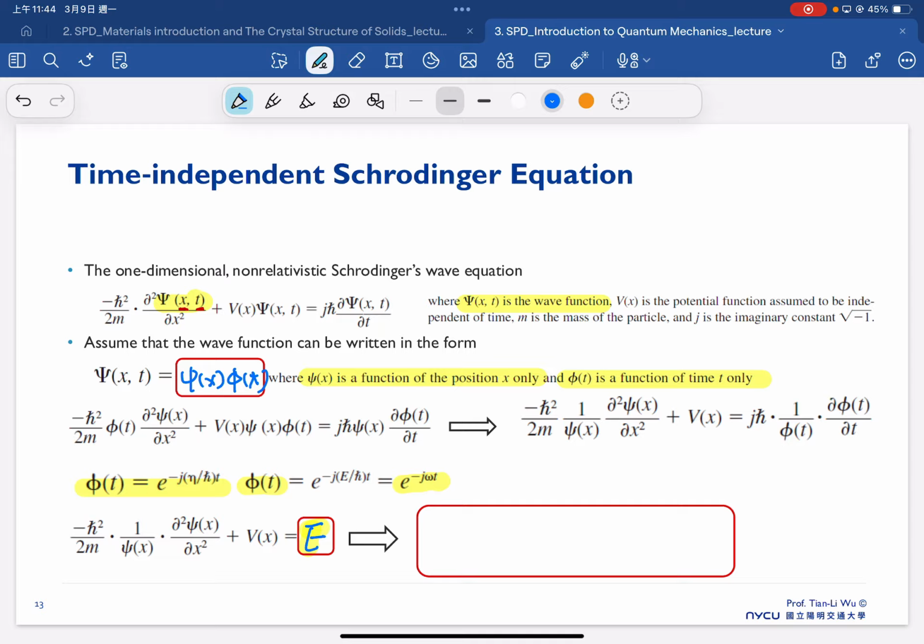Right now it becomes time independent. So now this wave equation has only the space variable, so it is only space dependent.